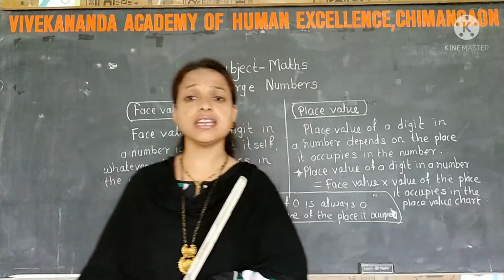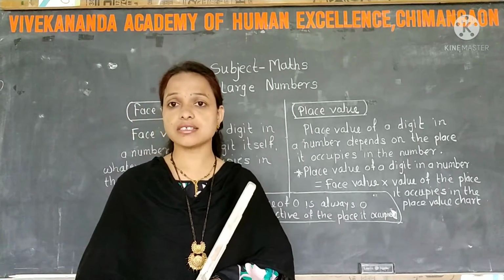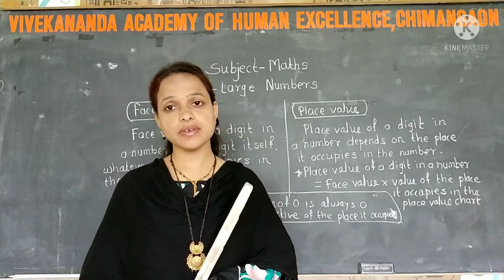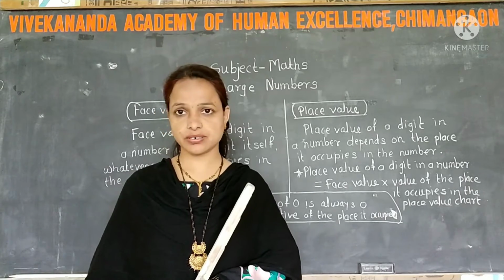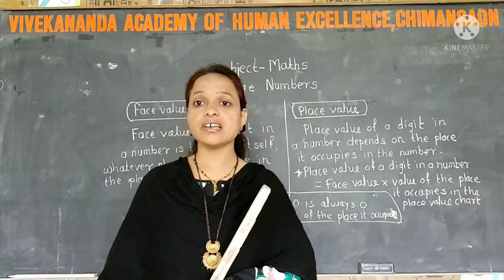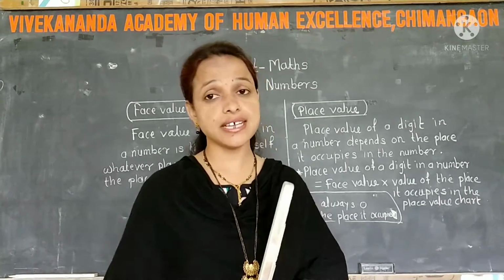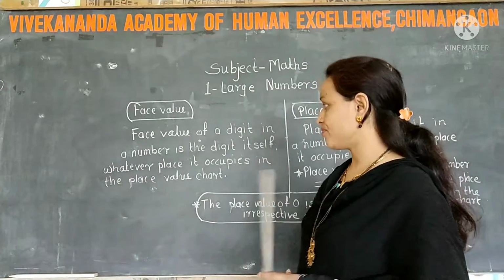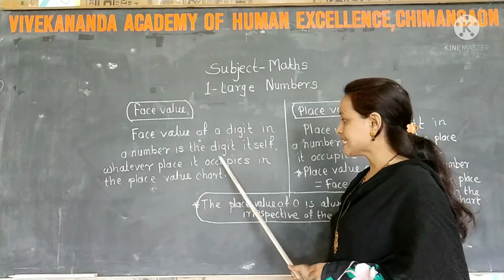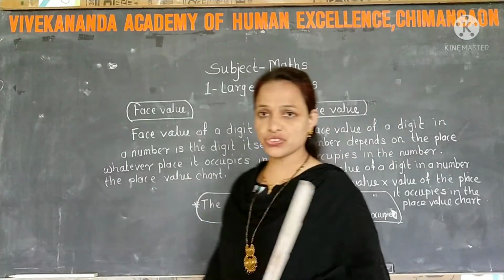Means if any example asks to find the face value of a given digit, remember that the face value of a given digit is that number itself, whatever place it occupies in the place value chart.